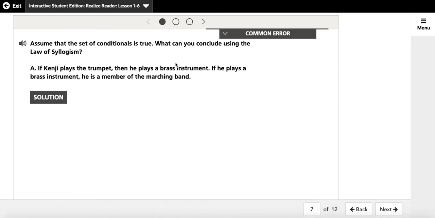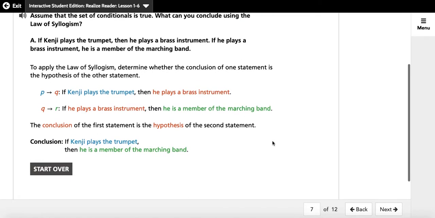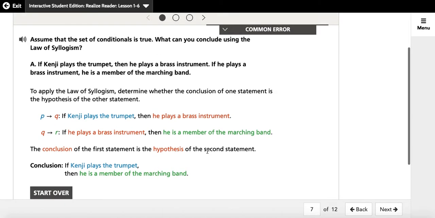So you can see the conclusion of the first part was the hypothesis of the second conditional. So we can go right from if Kenji plays the trumpet, then he is a member of the marching band. That's what they have here.